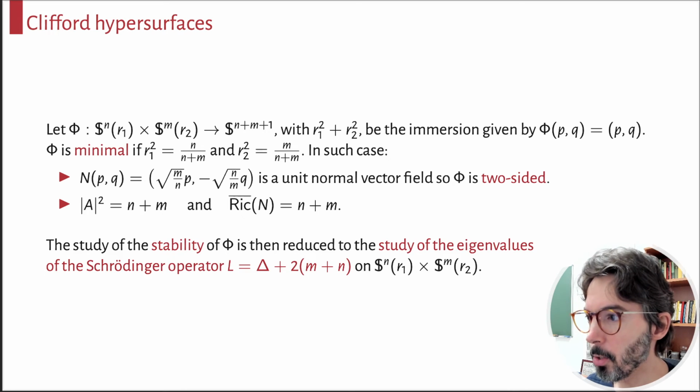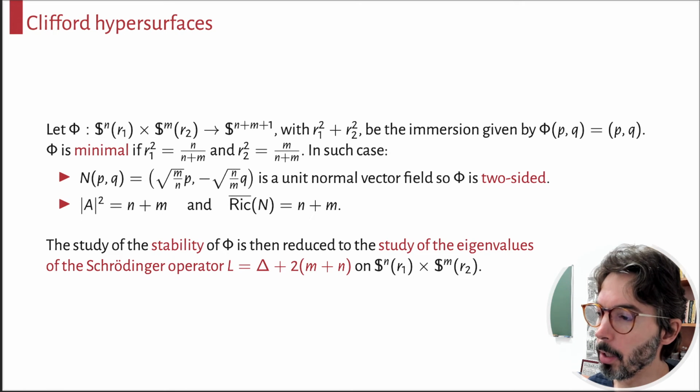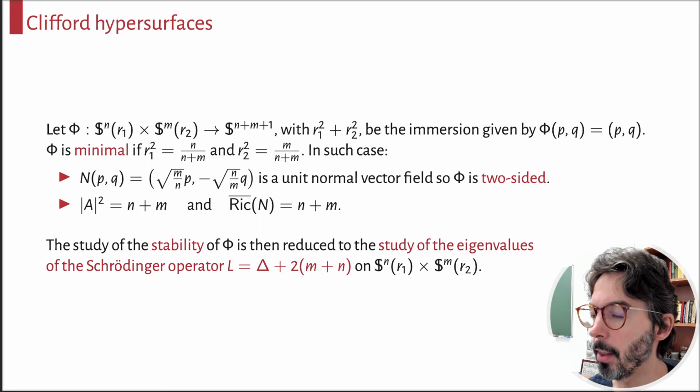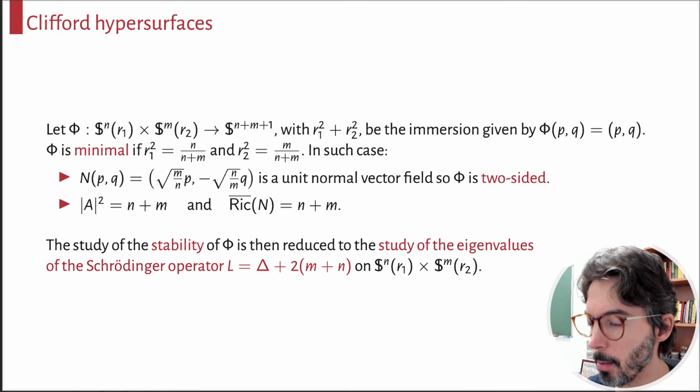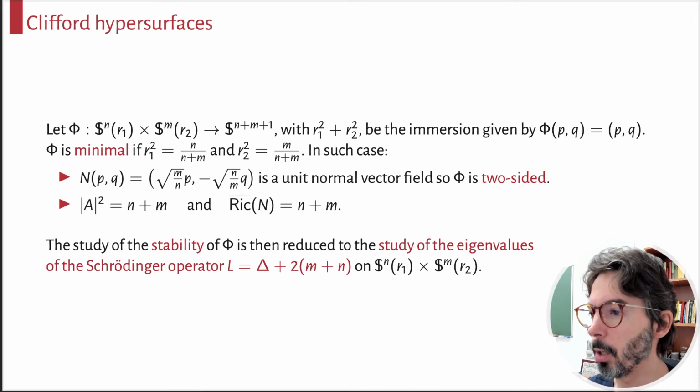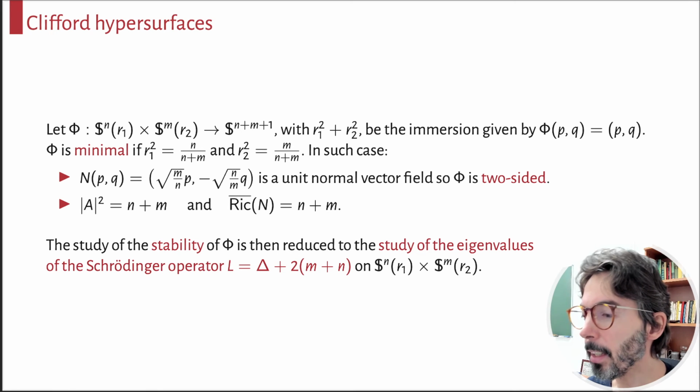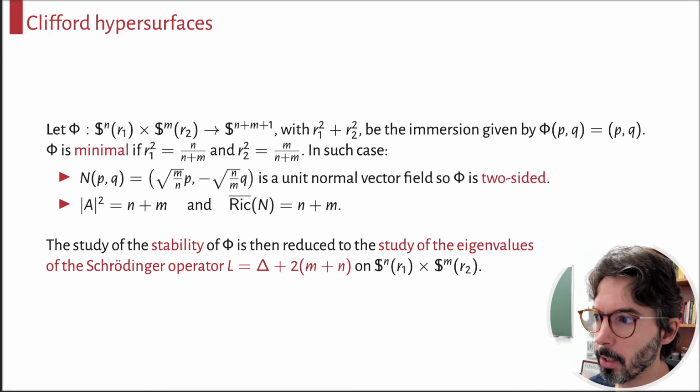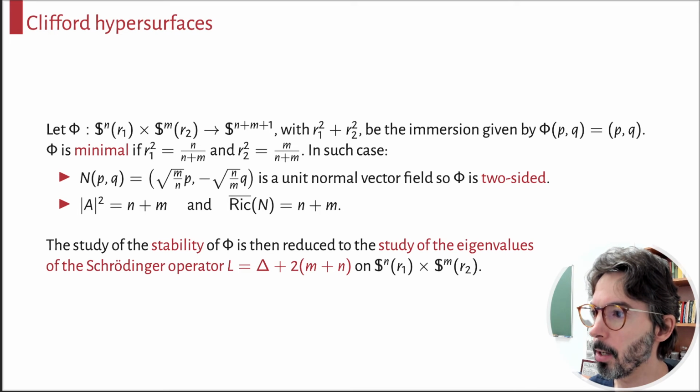If we carefully choose the radii of each sphere as written in the slides, then phi is actually a minimal immersion. It is two-sided, and the normal vector field is given by the expression in the first item of the list, and the length of the second fundamental form is constant, the sum of the dimensions of the spheres I am considering, and the Ricci curvature in the direction of the normal is also constant, precisely the same value.